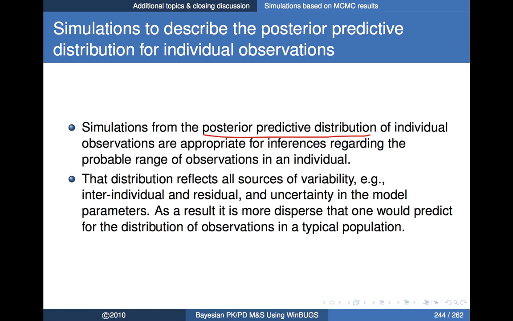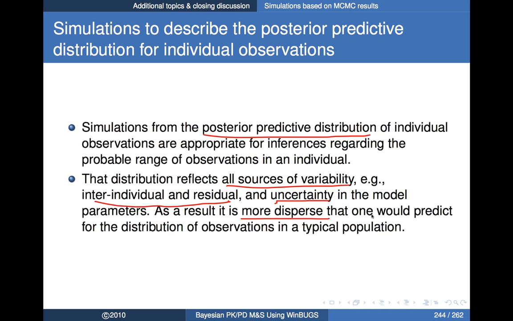and that distribution reflects all sources of variability, in other words, both inter-individual and residual, but in addition it also reflects the uncertainty in the model parameters. As a result, the distribution you get is more dispersed.